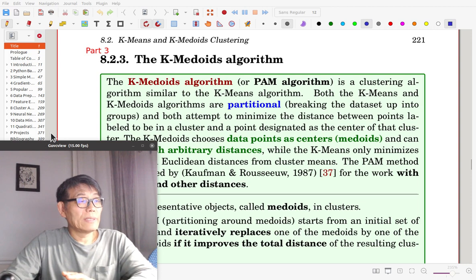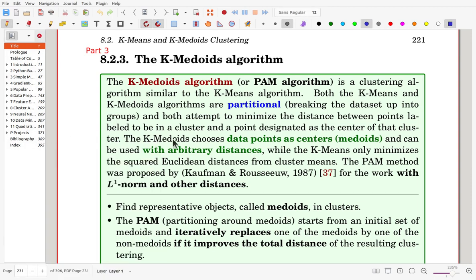However, K-Medoids chooses Medoids for cluster centers, and it can be used with arbitrary distances. It's a little bit more flexible than the K-means algorithm in terms of distance measures.